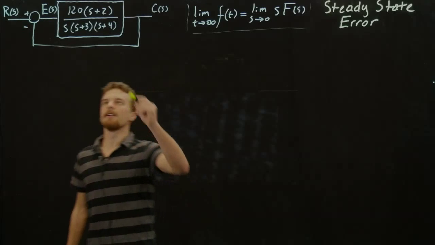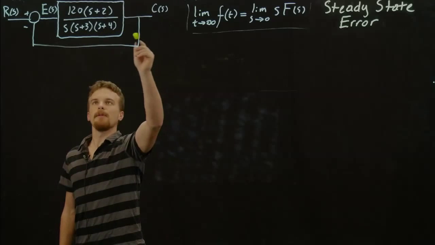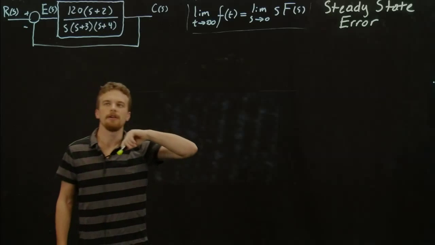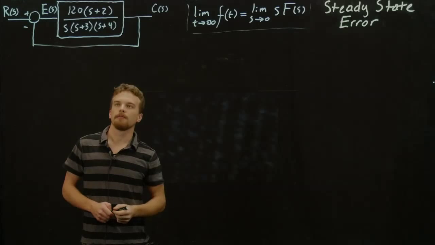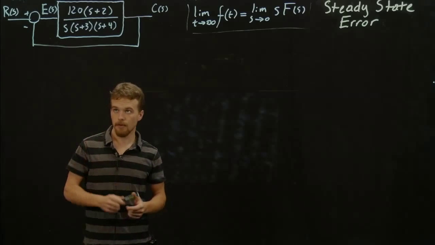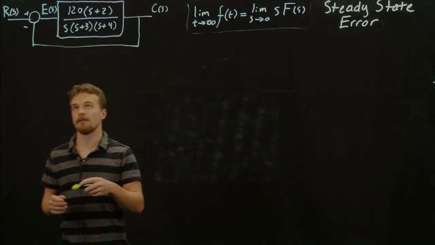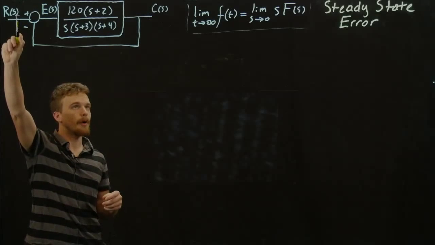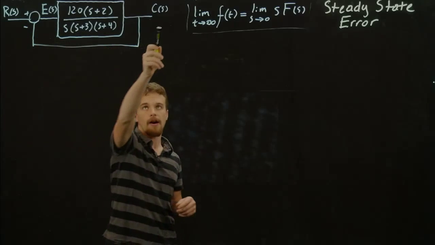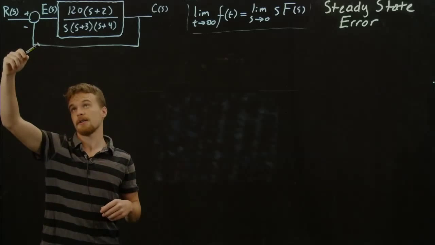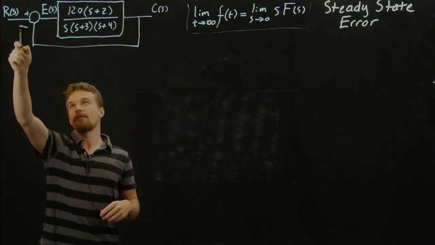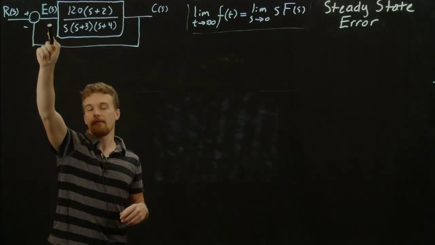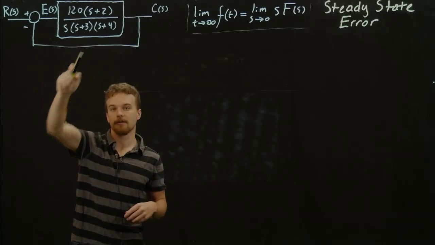We have a third order transfer function in a closed loop. Once we have a closed loop, we can set up a situation where we have a reference input. We can compare our output to the reference input, subtract our output from the reference input, and then input that, what we call the error, into our system.